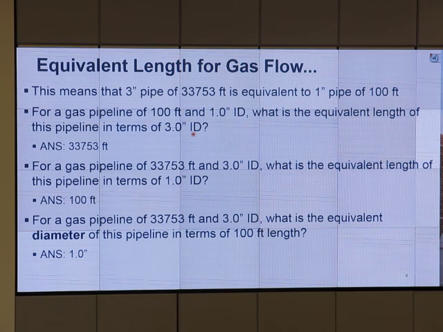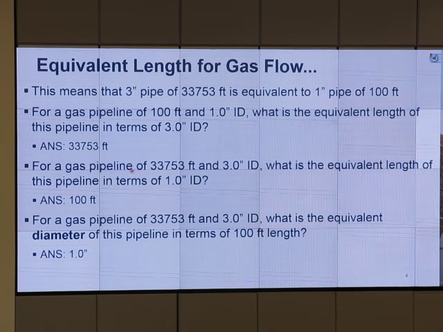Answer for me. Next, Ashley. So I have 100 feet, 1 inch ID. What is the equivalent length in terms of 3.0 inch? 33,753. Okay, that number, right? Because both of them are the same.